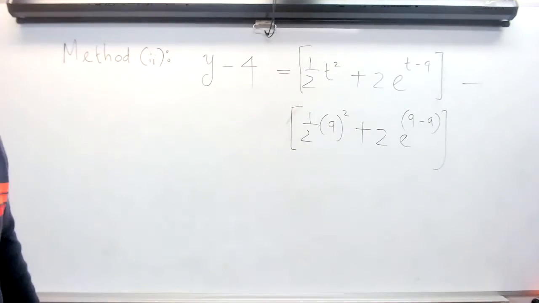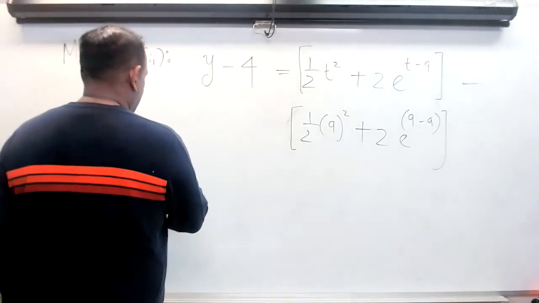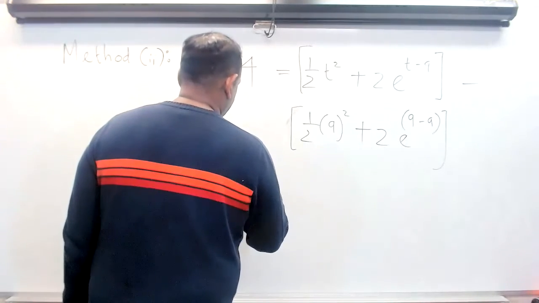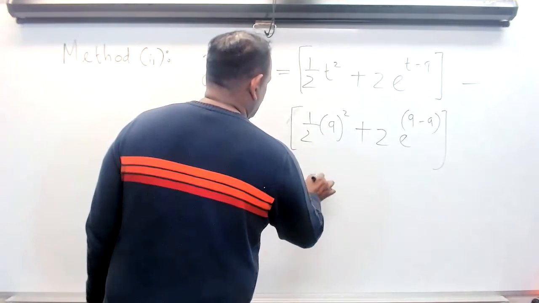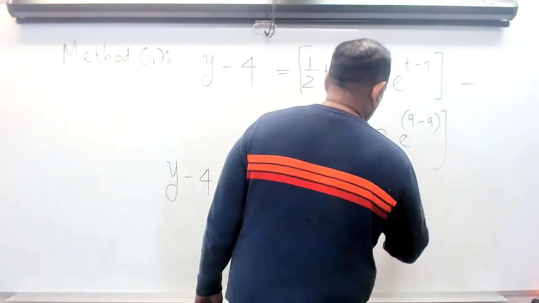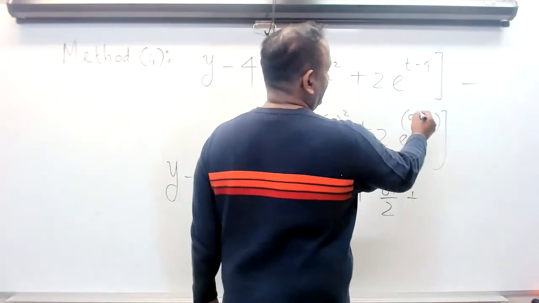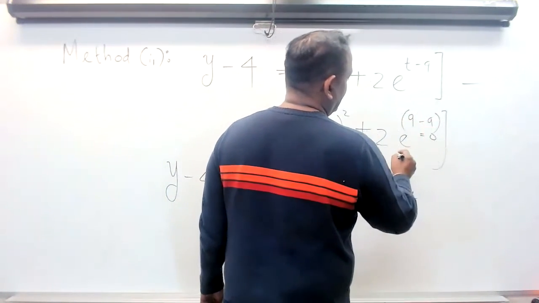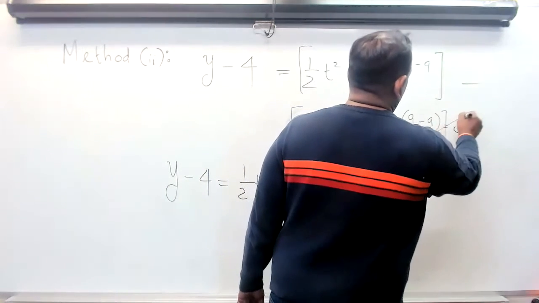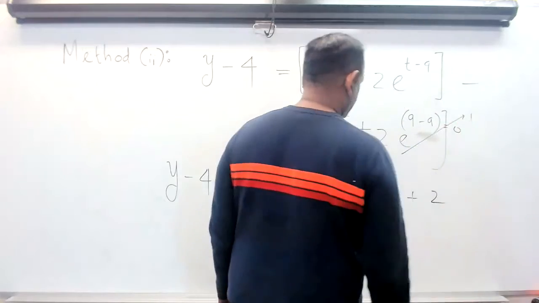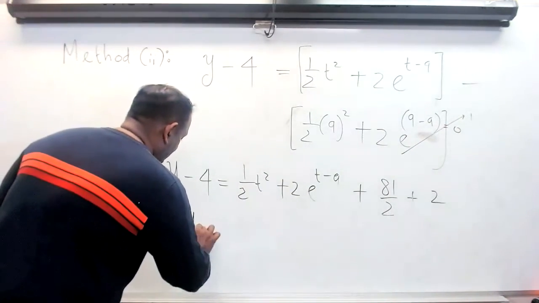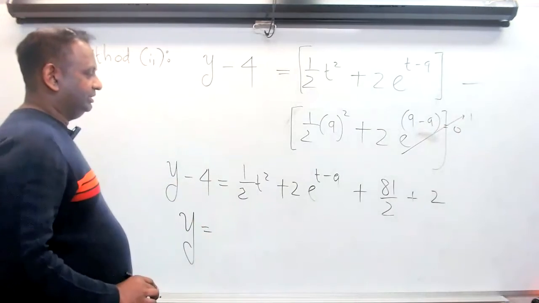Okay, then let's simplify. y - 4 = 1/2 t squared + 2e^(t-9) - 81/2 + 2e^0. Can you remember this 0? e to the 0 is how much? e to the 0 is 1, so plus 2. See? Then I can isolate y on this side by taking the 4 to the other side.